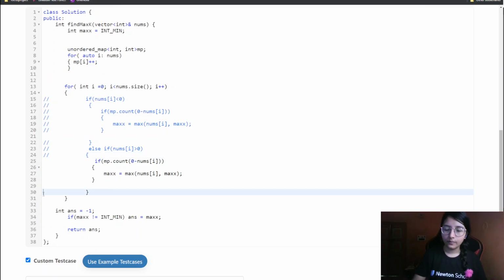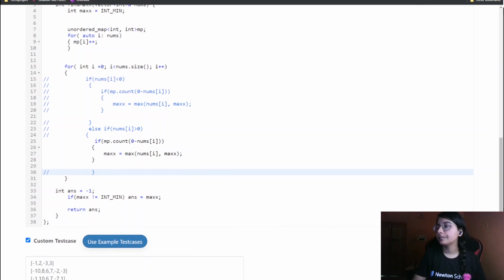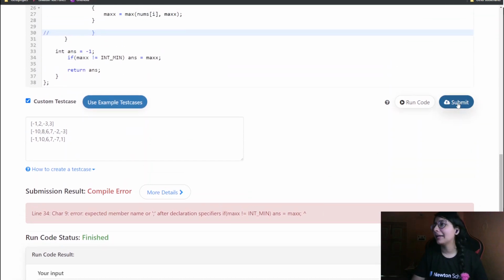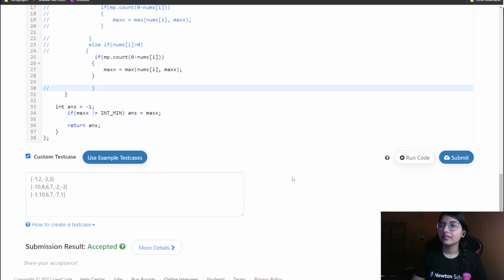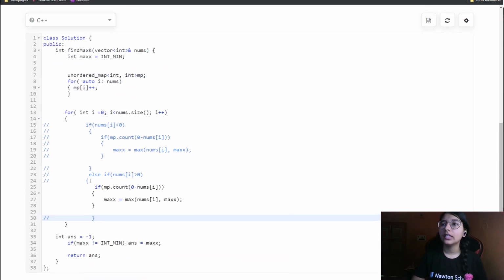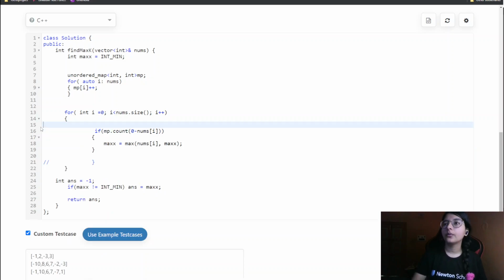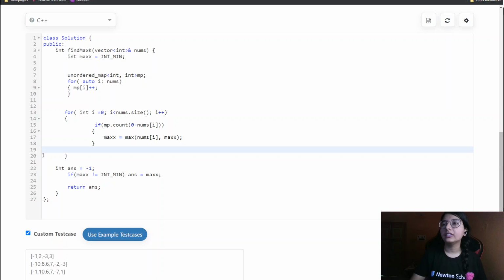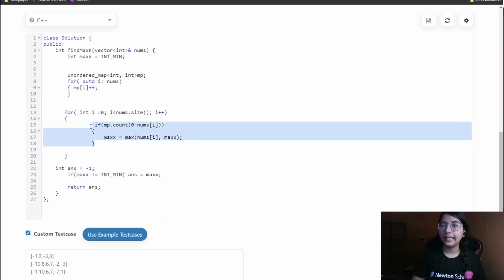We are required to have this because I'm just checking for this if condition only. That's why I never submit first, compilation error. Now it works. So here, see, what I was saying was we can directly eliminate that condition as well. So that I've already eliminated.